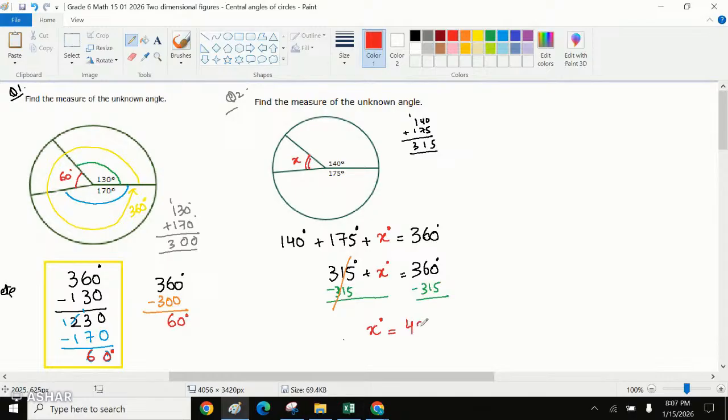X comes out to be 45 degrees. Okay, do we agree on this? So we can say that it comes out to be 45. That means 140 plus 175 is 315, and 360 minus 315 is 45 degrees.